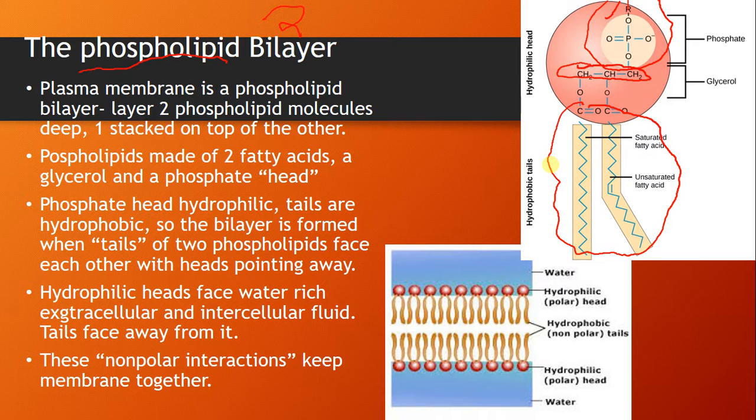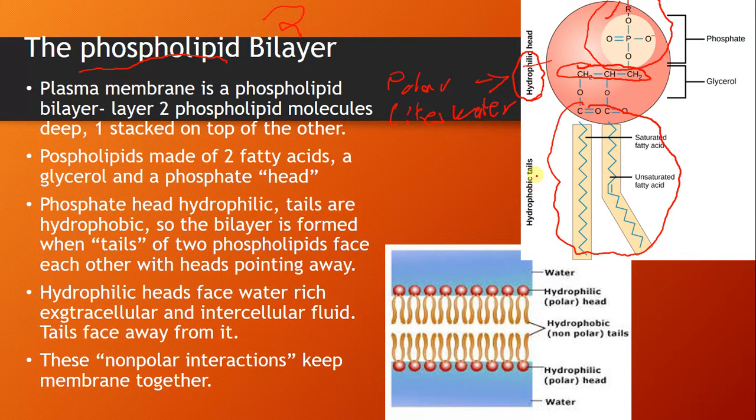phospholipid. And the important thing to know about phospholipids is the head is hydrophilic. It's polar, likes water, dissolves in water. So see this phosphate group, very polar. It will like or dissolve in water.